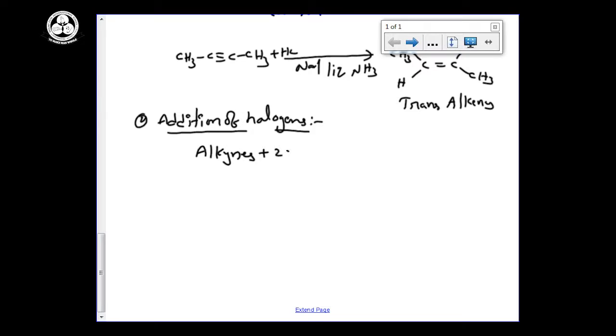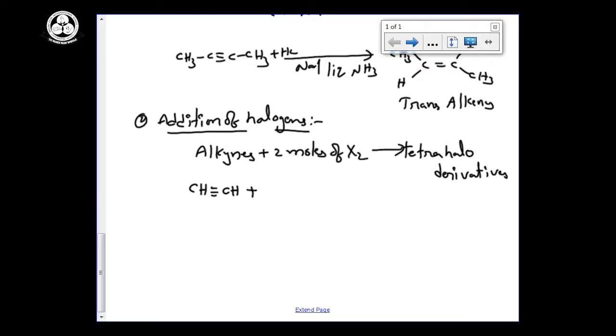We have to add 2 moles of halogens. Then we can get tetrahalo derivatives. For example, I am taking CH triple bond CH.